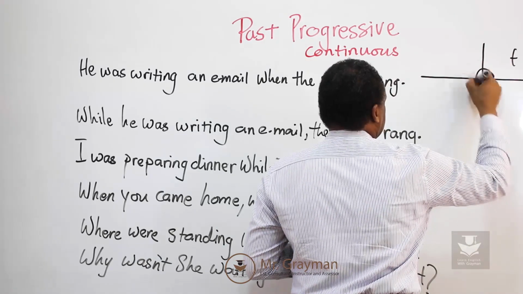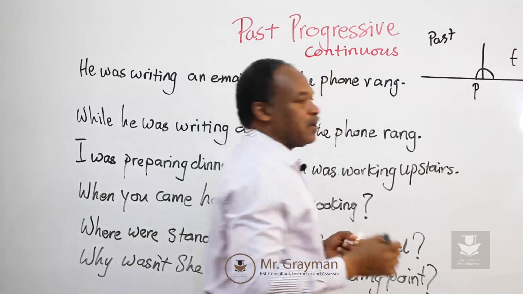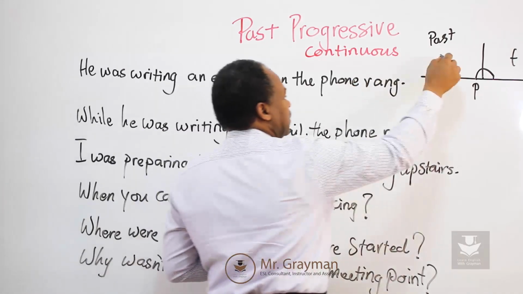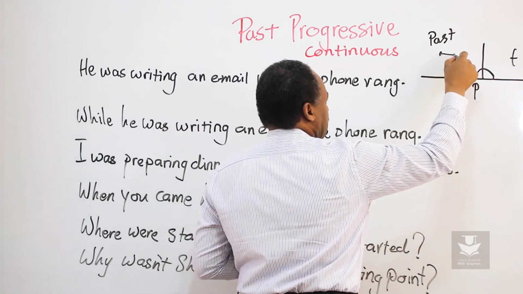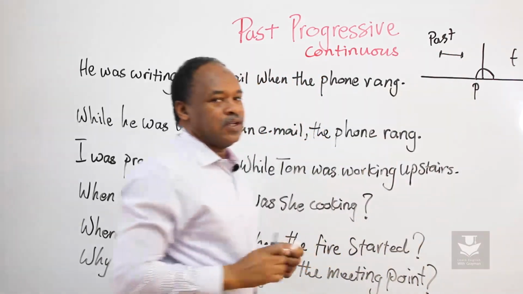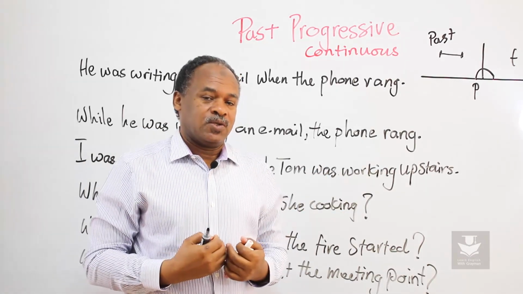This is the present, and this is the past here. When we talk about past continuous, it happened somewhere here. It started here, for instance, continued here, and finished. It happened in the past, at a specific time, and finished.